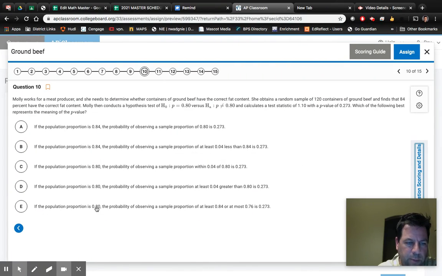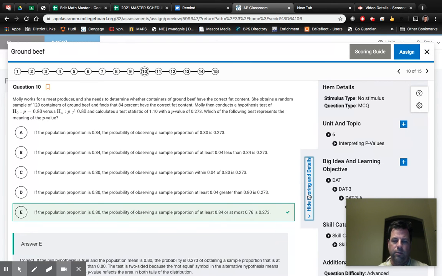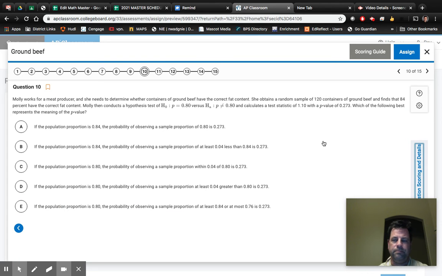If the population proportion is 0.8, which we assume to be true, the probability of getting at least 0.84 or at most 0.76, so it's less than this and greater than this, is 0.23. That's got to be the answer. I left the answer up there on that.